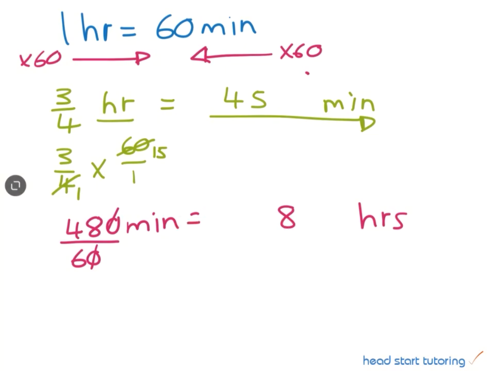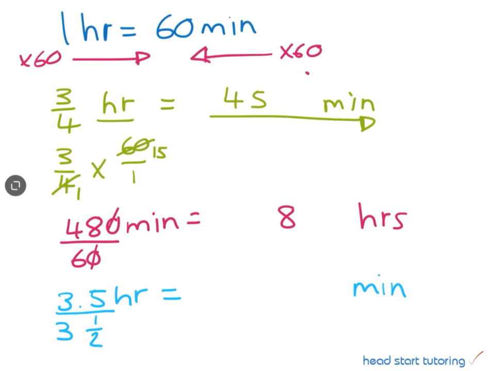So if I have got 3.5 hours, and I would like to convert that into minutes, what I can do is change the format of this 3.5 into a mixed number.